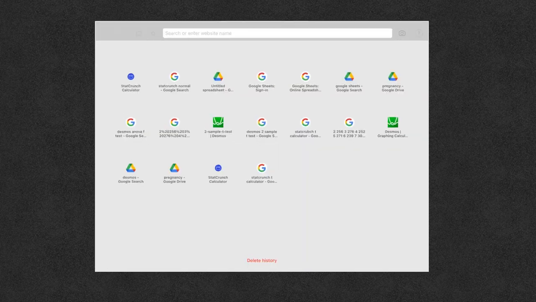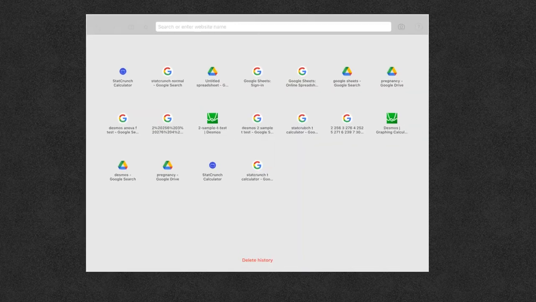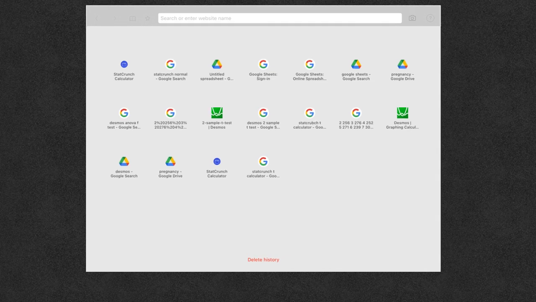We will compute the test statistic and the p-value again, but this time using statistical software. A lot of the paid versions of the statistical software or calculators can do this easily, but we will use the free Desmos.